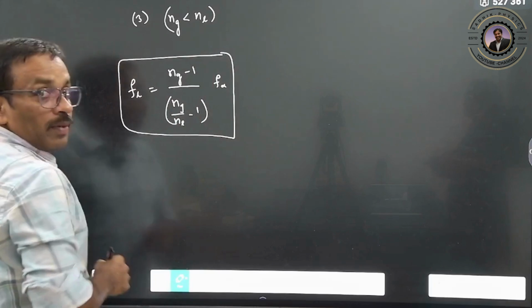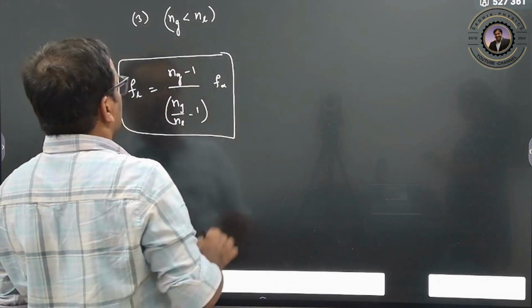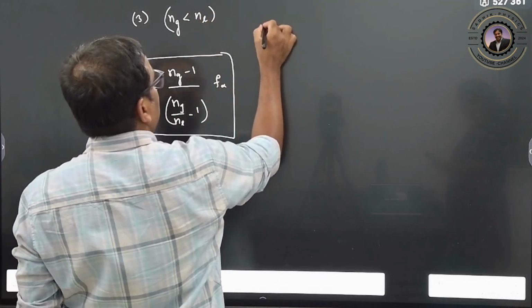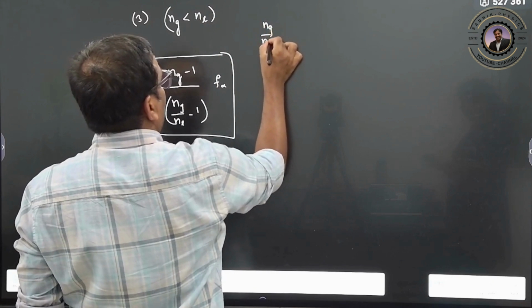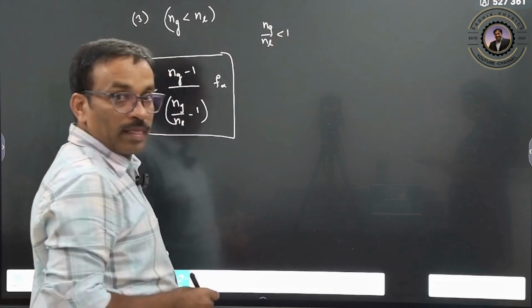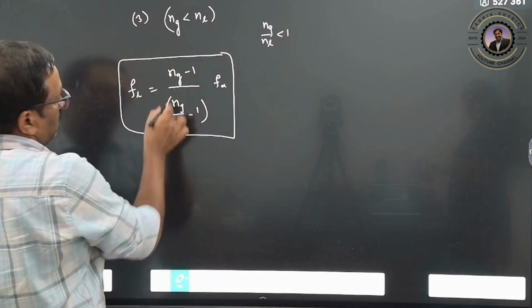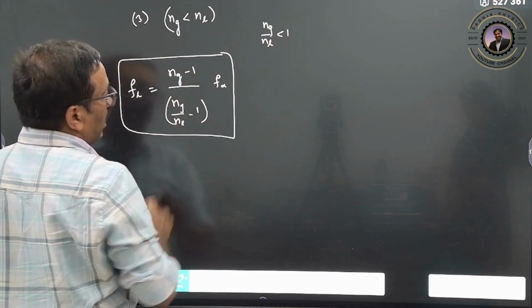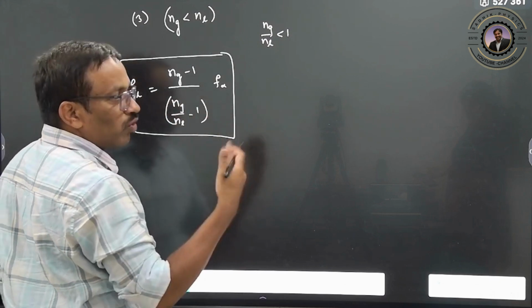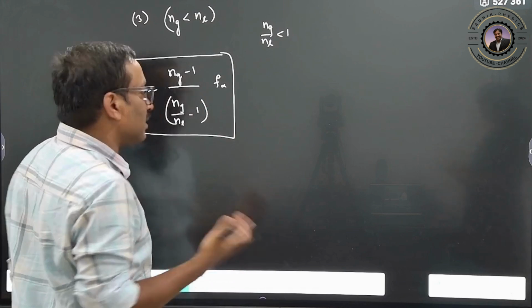So here this ratio Ng by NL will be less than 1. Why? Because Ng is smaller and NL is greater. Less than 1 means 0.7, 0.8, 0.9 like that.